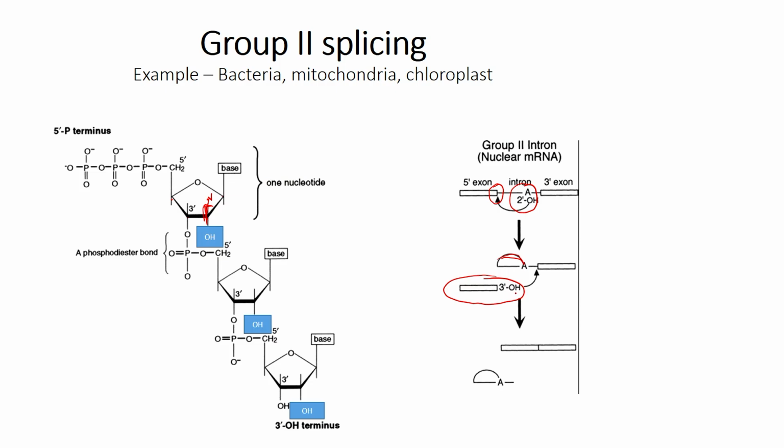Now, this free OH again makes an attack at the base of the intron, or at the beginning of the exon. So, the result is that the two exons got joined and in between, this is out. This is called a lariat.